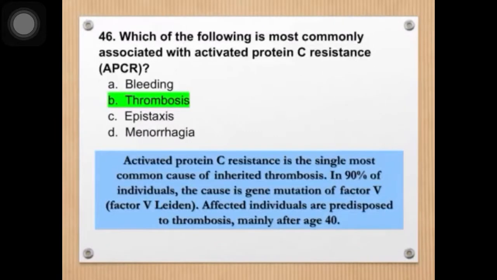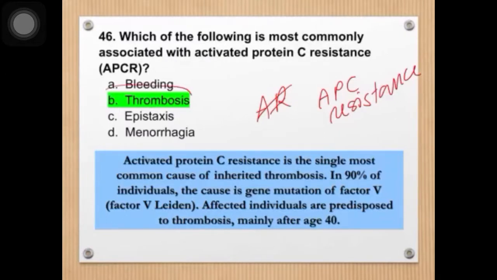Number 46, which of the following is most commonly associated with activated protein C resistance? Activated protein C resistance, according to her, is the single most common cause of thrombosis.